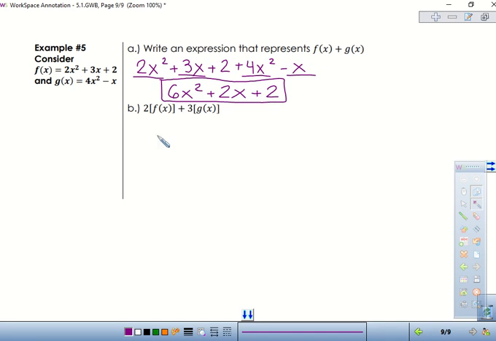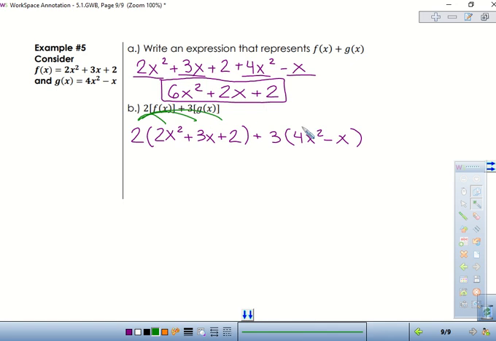All right, for the next one, you're going to have to take the f of x function, and you're going to multiply it by 2. And then you're going to take the g of x function, and you're going to multiply it by 3. So what property are we going to use to be able to simplify this?